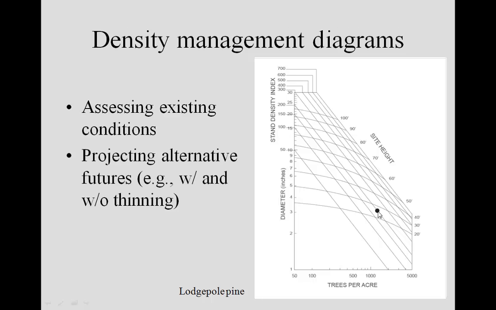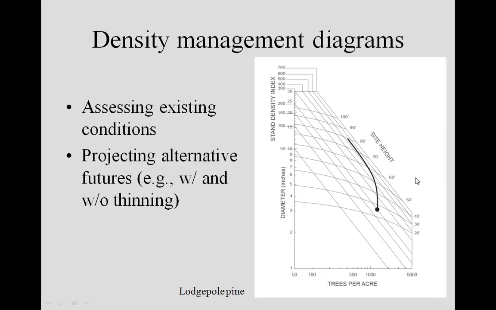And we can project alternative futures, for example, with and without thinning. We say, well, this stand without thinning, the relative density is going to increase. It's going to get into the zone of imminent competition mortality and self-thin. So we could project this stand's future very simply graphically up to a top height of 80 feet.